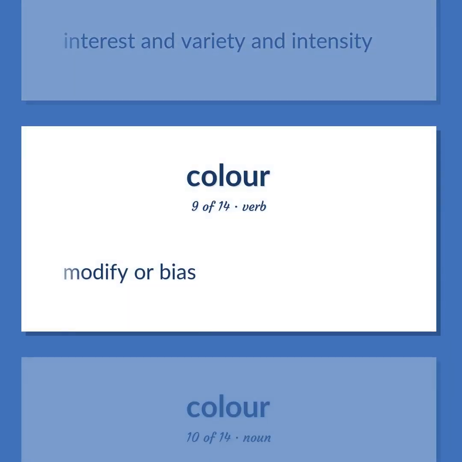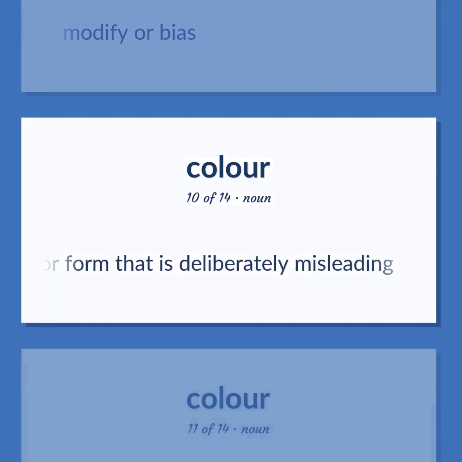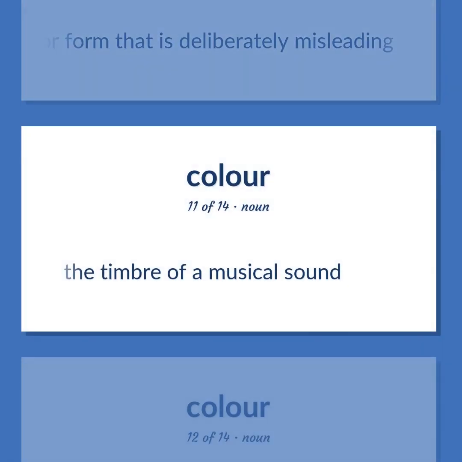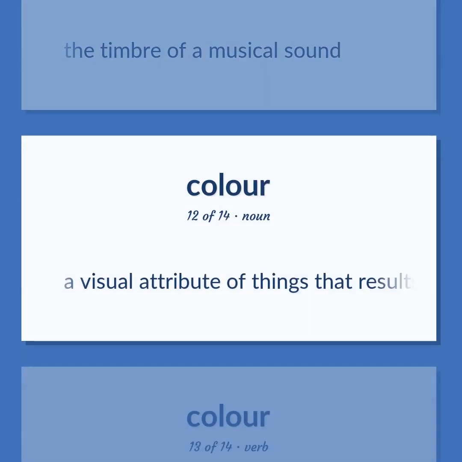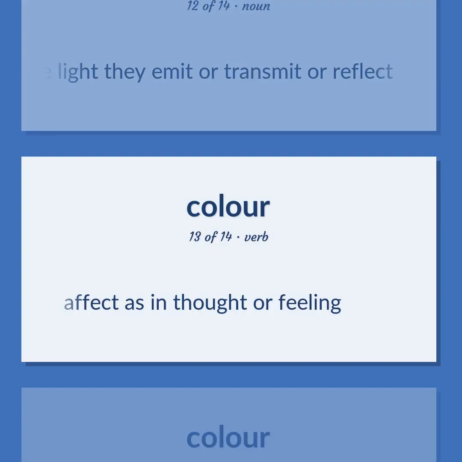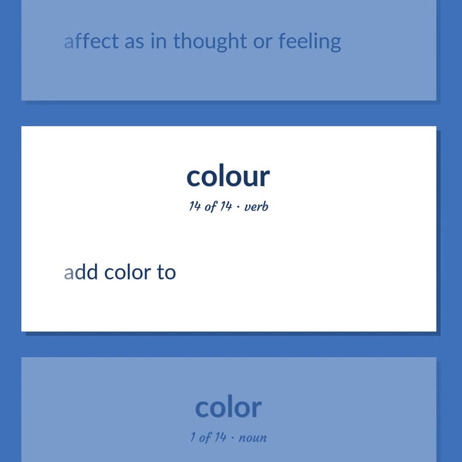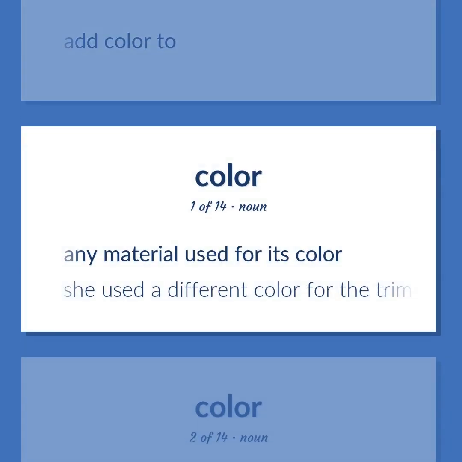Modify or bias. An outward or token appearance or form that is deliberately misleading. The timbre of a musical sound. A visual attribute of things that results from the light they emit or transmit or reflect. Effect as in thought or feeling. Add color to. Any material used for its color. She used a different color for the trim.